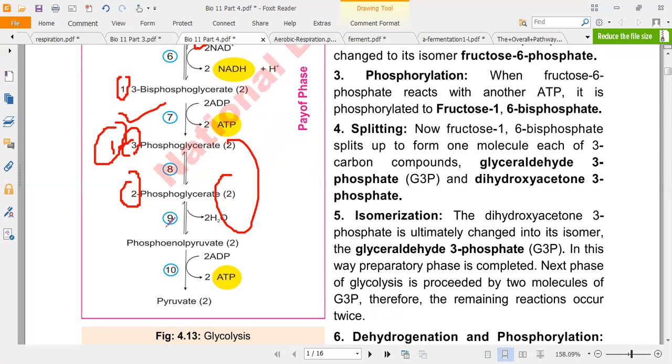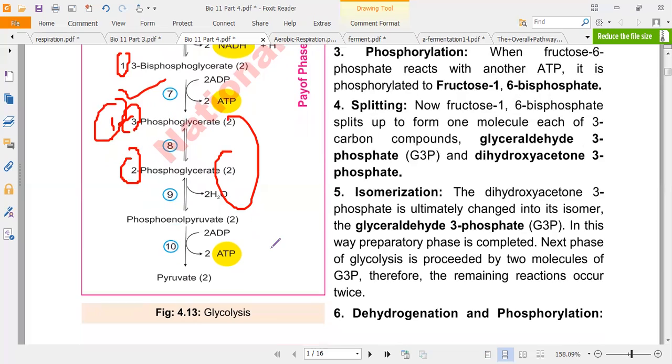In the 9th reaction, we have a dehydration reaction, in which water is removed. 2-phosphoglycerate undergoes dehydration in the presence of the enzyme called enolase, and we get 2-phosphoglycerate changed into phosphoenolpyruvate. Now, 2 hydrogen and 1 oxygen are removed in this reaction, from one molecule.